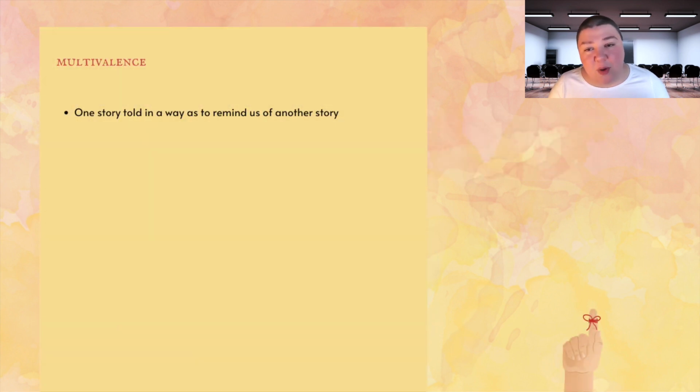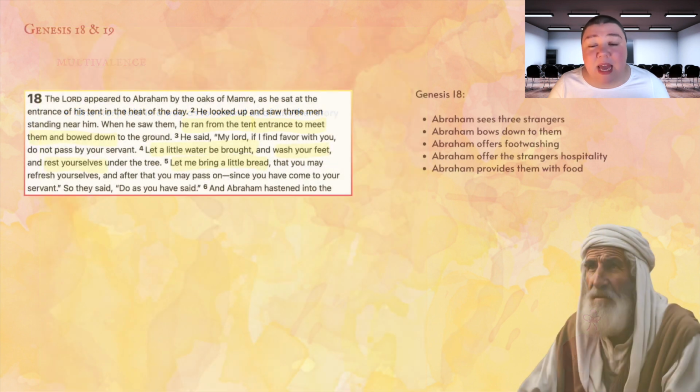Okay, so in the first verses of Genesis 18, Abraham sees three strangers. Abraham bows down to them, Abraham offers the strangers hospitality, and Abraham provides them with food. We're going to touch on this again, but hospitality was a big part of ancient Near Eastern culture in a way that may seem very foreign to some of us.